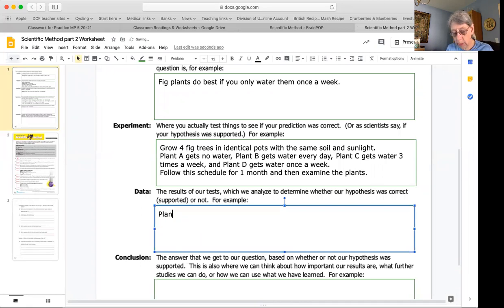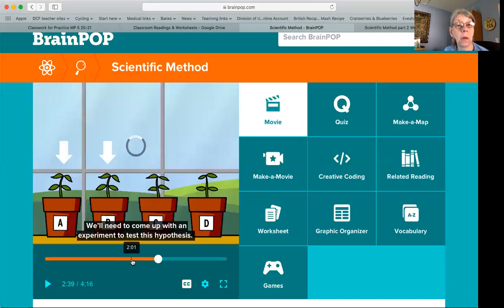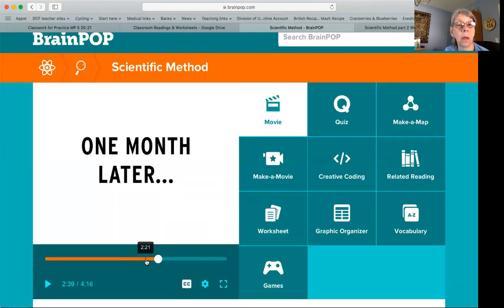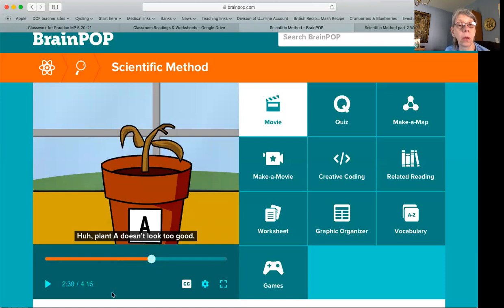Okay, plant A looks dead. It really just looks dead to me. A month with no water, since it's not a cactus plant. All right, let's just check it out again. Let's look at plant A. All right, plant A doesn't look too good. 2 curled up brown leaves.